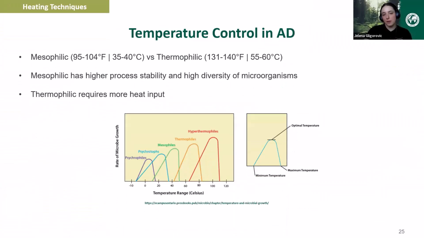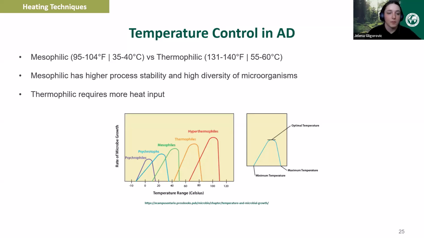Okay, so we touched on temperature before, but I do want to talk about it now in detail. Maintaining the appropriate temperature is essential for making sure that the anaerobic microorganisms responsible for breaking down the matter are producing biogas and promoting better quality of digestate as well. There are different types of bacteria cultures that can grow under different conditions.